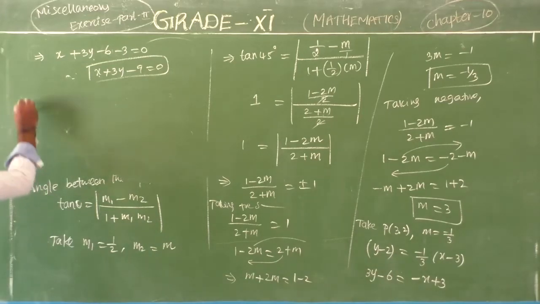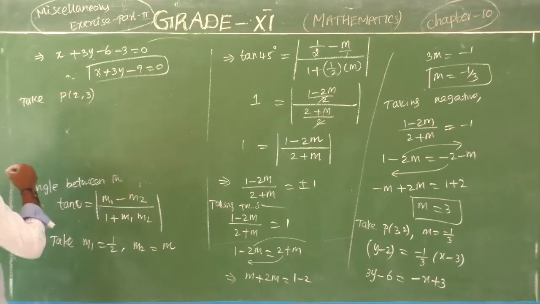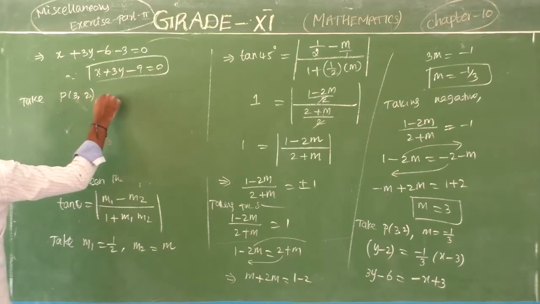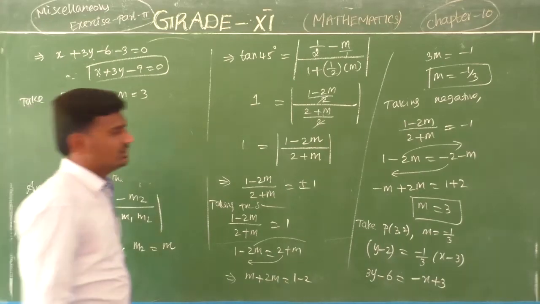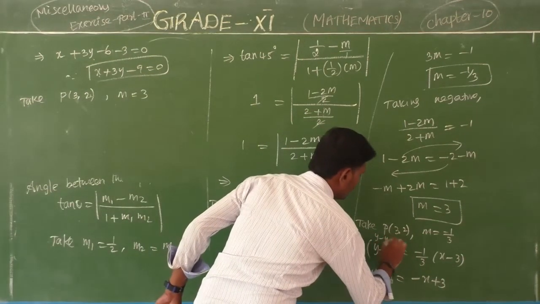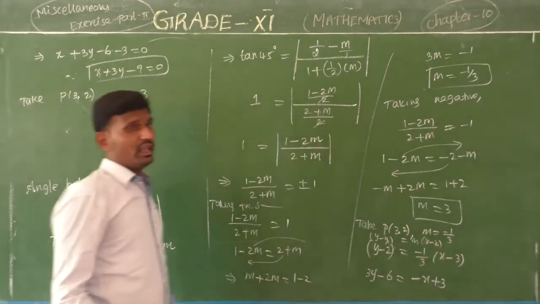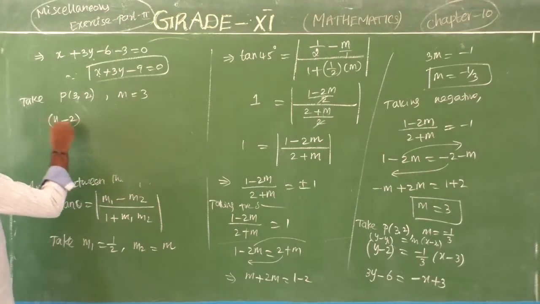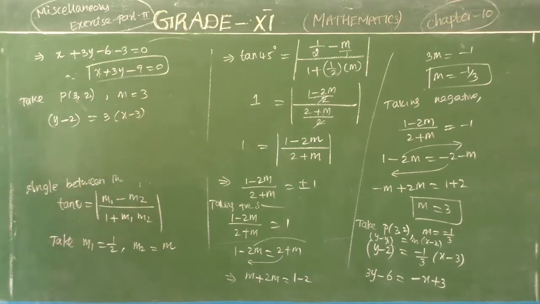And second, take again the same point 3, 2, and the slope m equal to 3. So the same formula only you are going to use. What formula? y minus y1 is equal to m into x minus x1. Already known. Okay, so y minus y1 is y minus 2, which is equal to 3 into x minus 3.